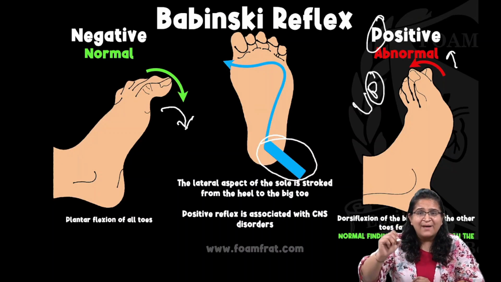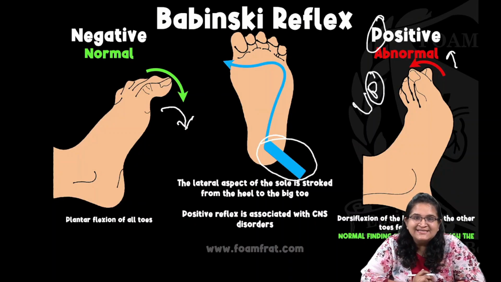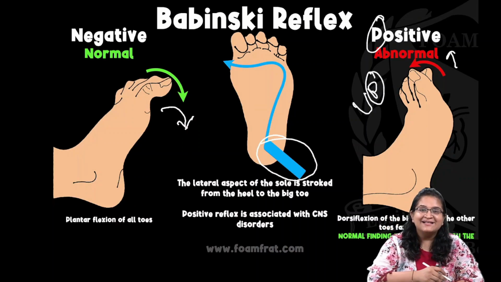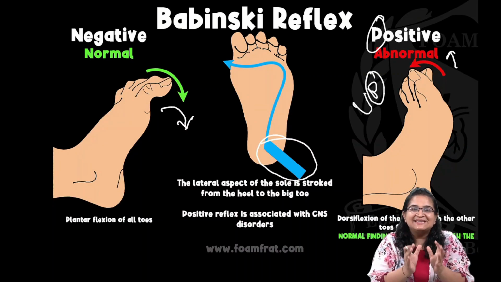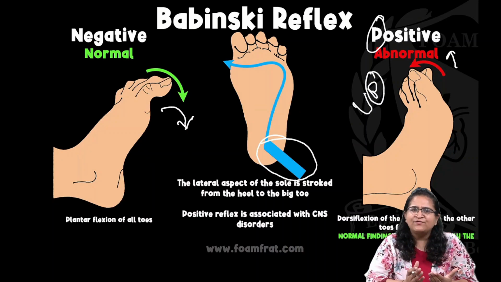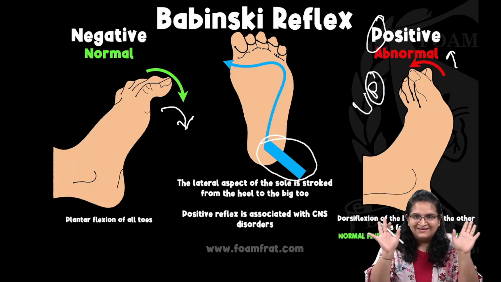Right, if the toes go up, then it is known as positive. And where do I see it? I see it in upper motor neuron lesion, whereas negative I see normally or in the lower motor neuron lesion. So this diagram of Babinski sign can come. So you should all be very, very well aware of this. And now I hope upper motor neuron lesion versus lower motor neuron lesion is crystal clear. Thank you.